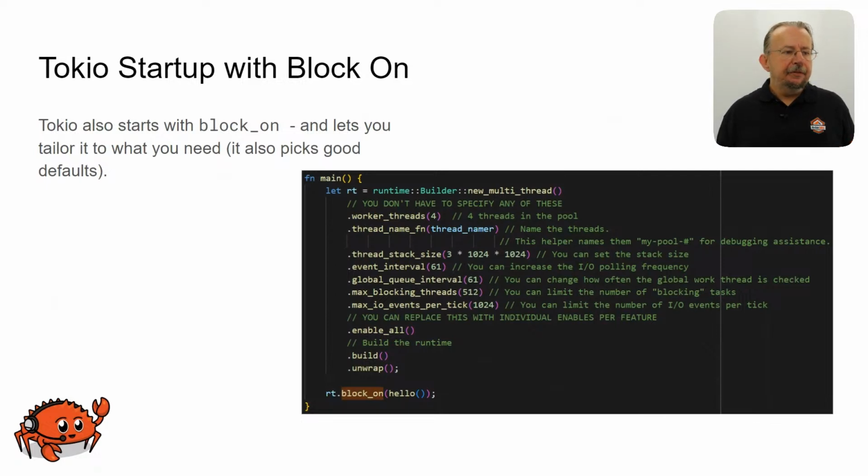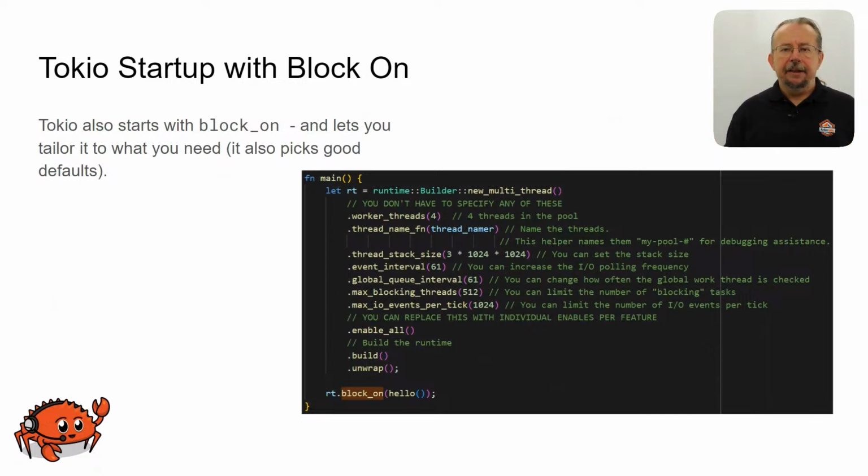I carefully put in the code, you don't have to specify any of these, but I've listed all the things that you can specify. So you can decide up front whether you want multi-thread or to run on the current thread. If you are running multi-threaded, you can specify how many threads you want it to create.